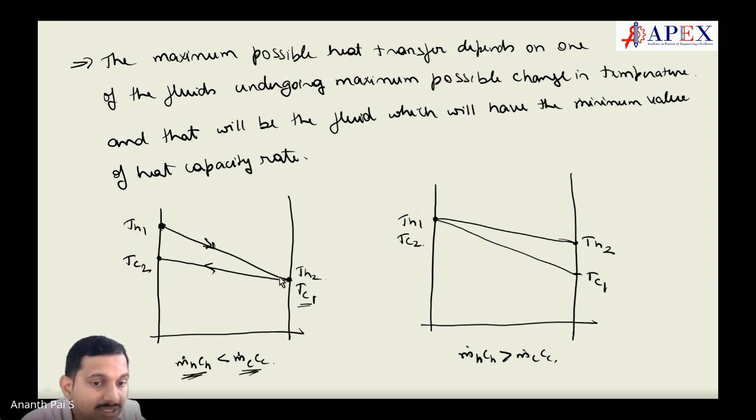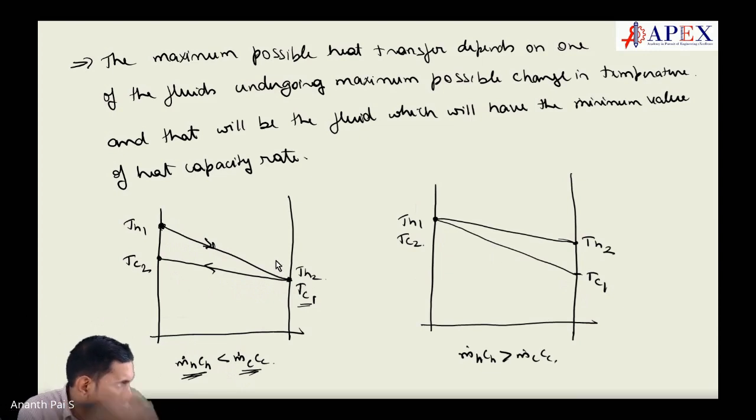And how do you decide that? Here you have to see which fluid is going through the difference, the hot fluid or the cold fluid. If m dot Ch is lesser, then the hot fluid is going that distance. Make sense?